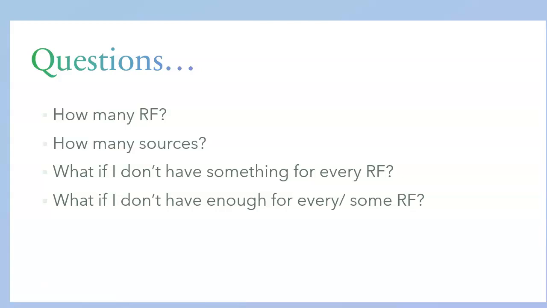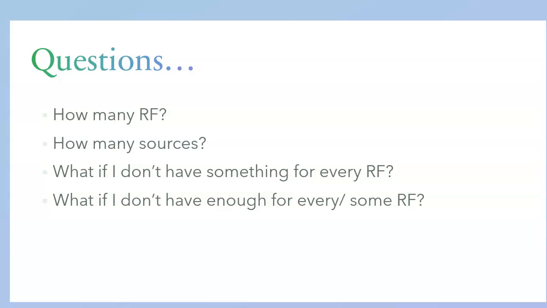Sometimes you don't have everything for every risk factor at this point in the semester. So if you have a risk factor, for example, lack of trust in the medical community, and you haven't found anything yet for that risk factor, list the risk factor, and then write, I don't have a reference for this yet, or I cannot find a reference for this, because that lets me know that you need help when I'm grading your paper.